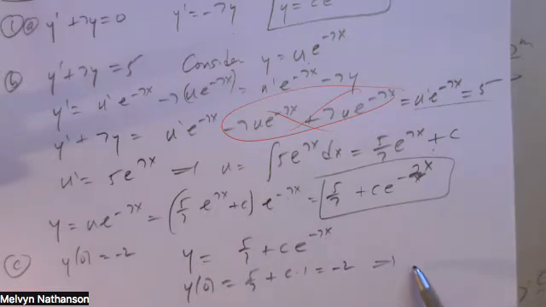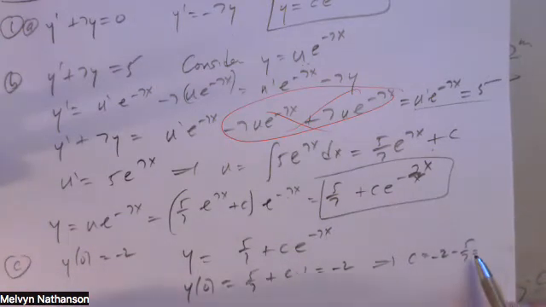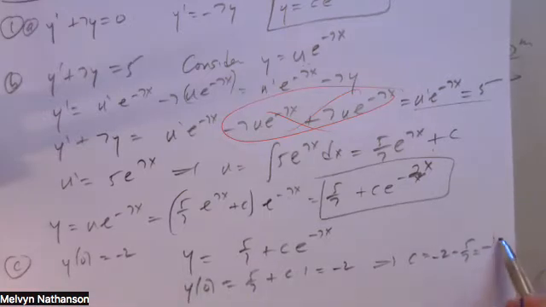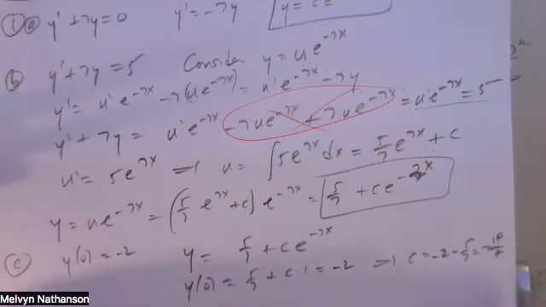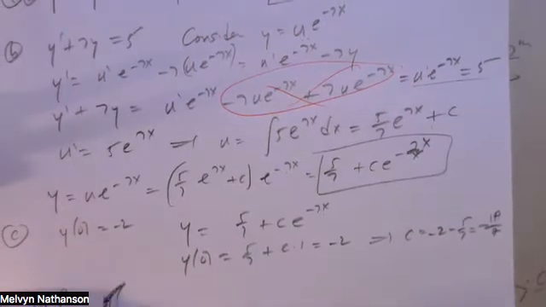So c is equal to minus 2 minus 5/7, which is minus 19 over 7.